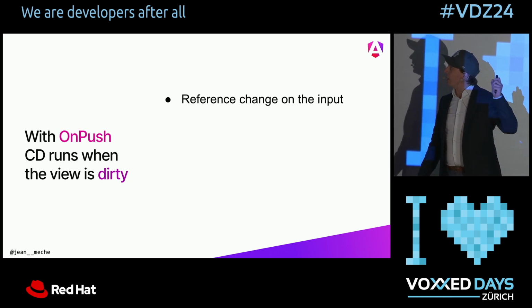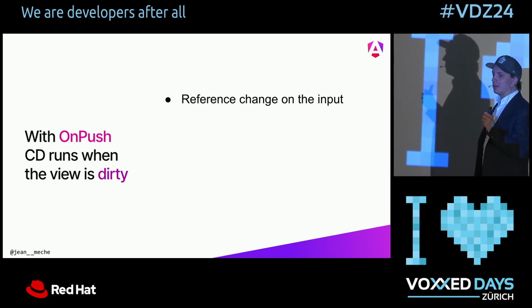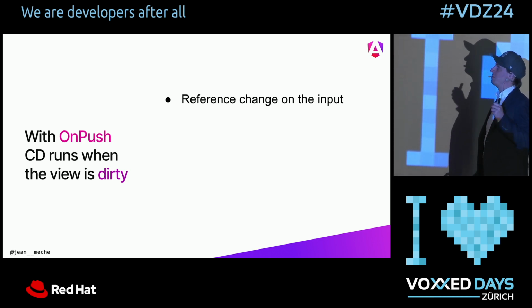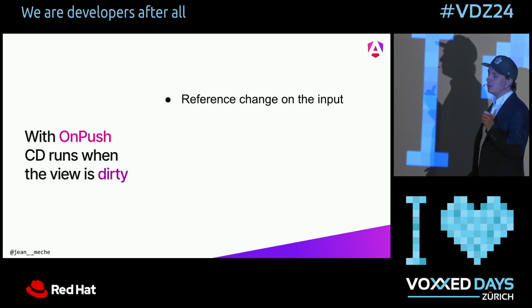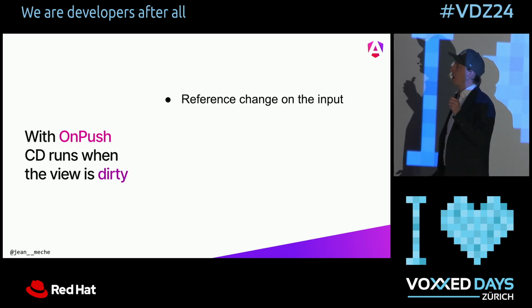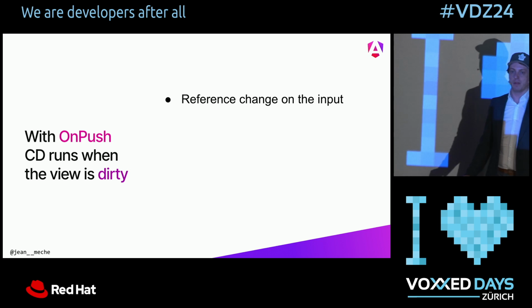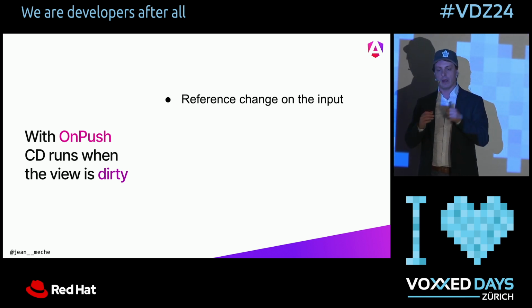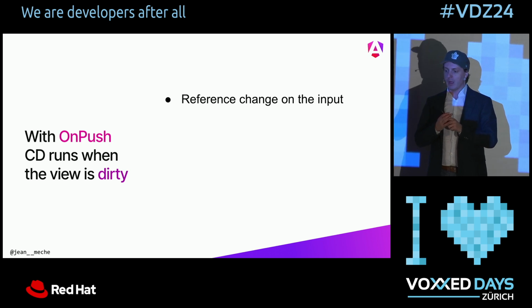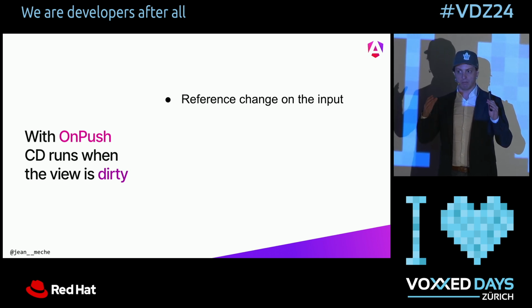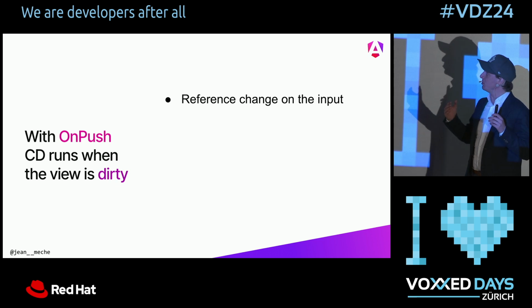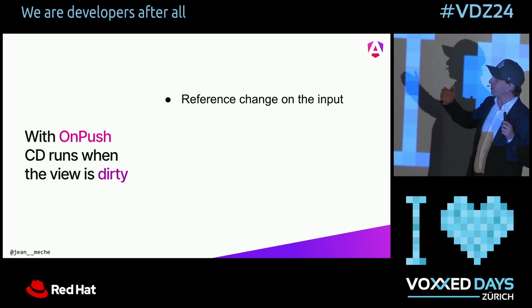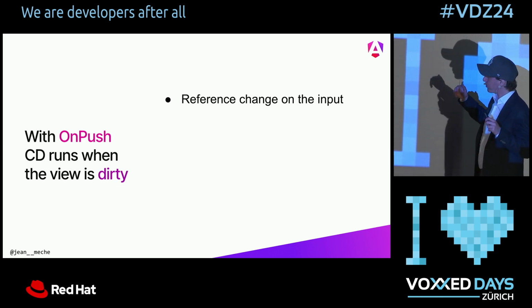So the component will be dirty when you use OnPush and you change the reference on the input. The first implication here is that you will need to use what we call immutable data. If you use immutable data, you will be able to use OnPush.